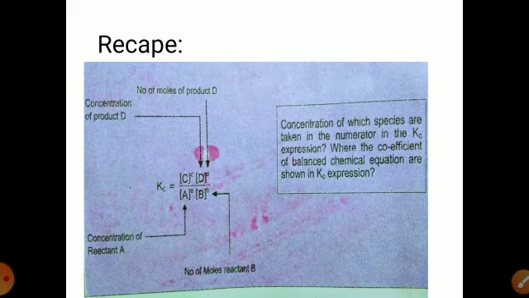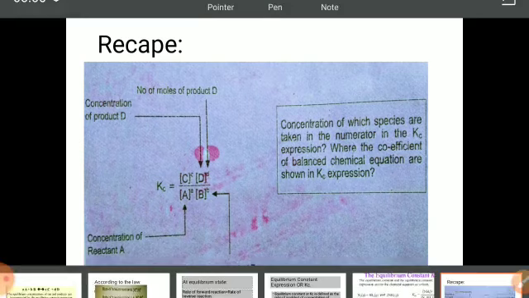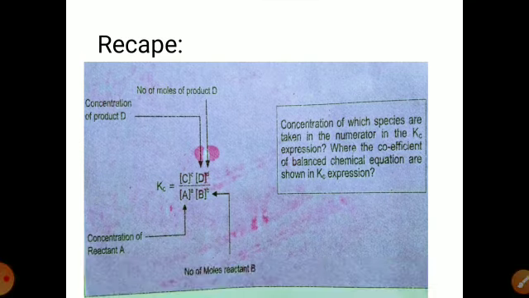Same on the denominator side: concentration of reactant A inside the bracket, and the number of moles of reactant B as a small alphabet. Now can you tell me the concentration of which species is taken in the denominator in the Kc expression? Can you answer me? Yes, on the denominator side we always have reactants, and the coefficient number in a balanced chemical equation becomes the power.